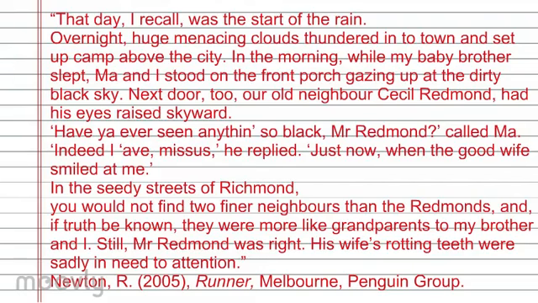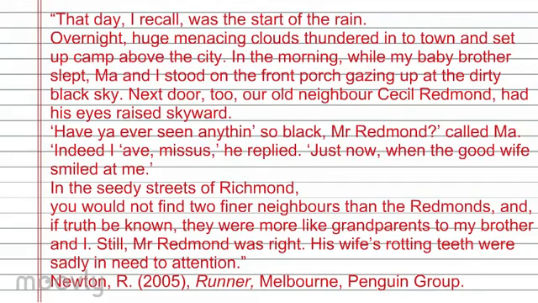"Have you ever seen anything so black, Mr. Redmond?" Ma called. "Indeed I have, missus," he replied, "just now when the good wife smiled at me." In the seedy streets of Richmond, you would not find 2 finer neighbours than the Redmonds, and, if truth be known, they were more like grandparents to my brother and I. Still, Mr. Redmond was right. His wife's rotting teeth were sadly in need of attention.